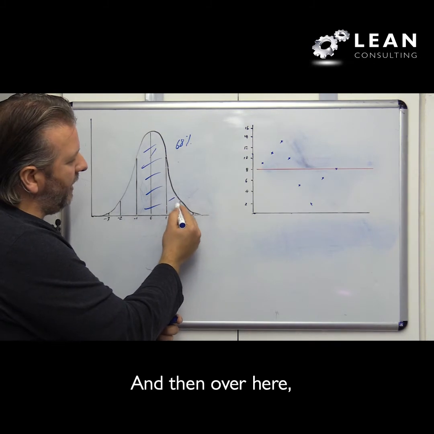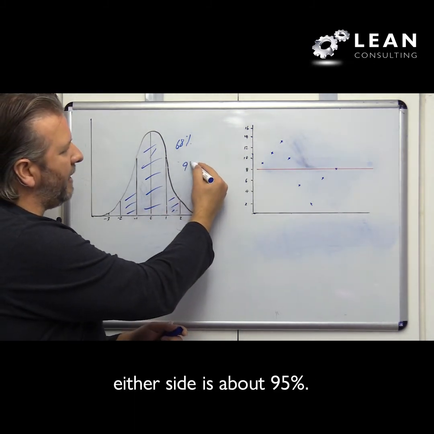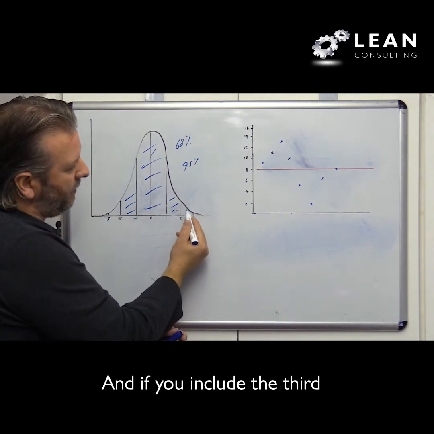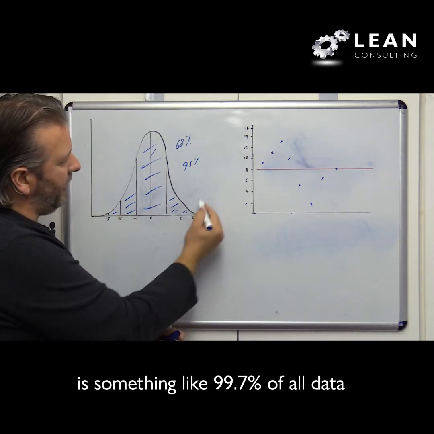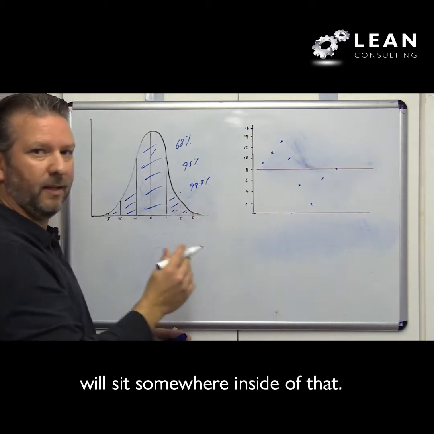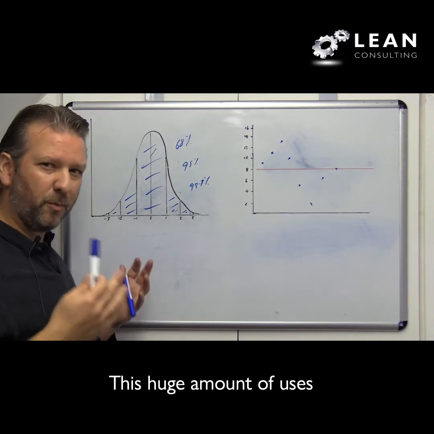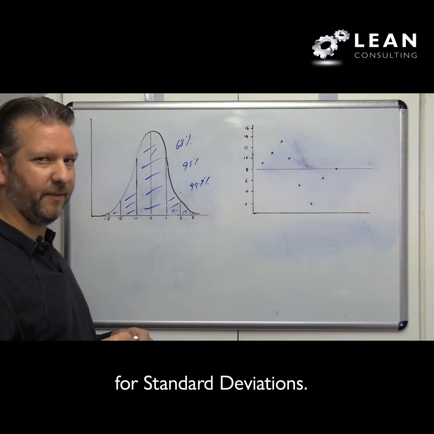And then over here, if it's within 2 standard deviations either side, it's about 95%. And if you include the 3rd standard deviation here, it's something like 99.7% of all data will sit somewhere inside of that. There's a huge amount of uses for standard deviations.